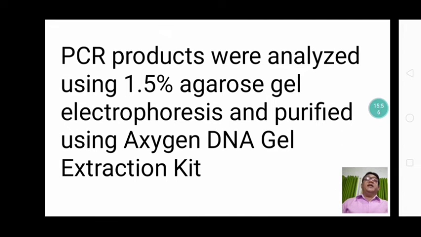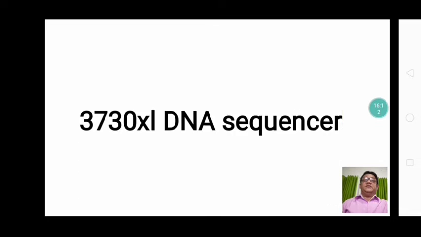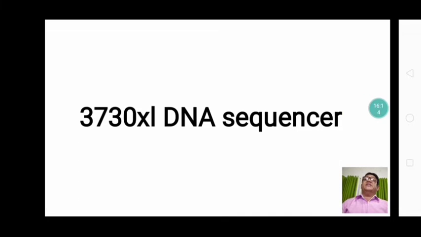PCR products were analyzed using 1.5% agarose gel electrophoresis and purified using a DNA gel extraction kit. Then the purified PCR products were directly sequenced using the 3730 XL DNA sequencer.